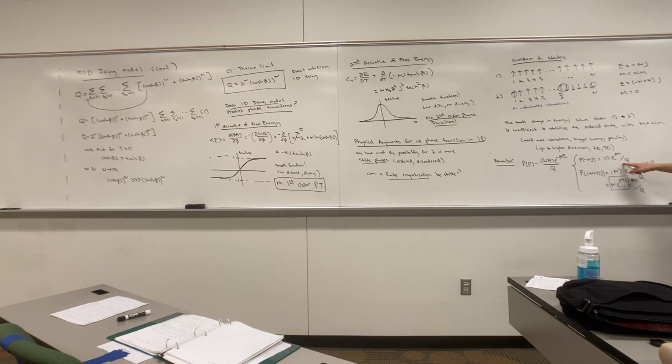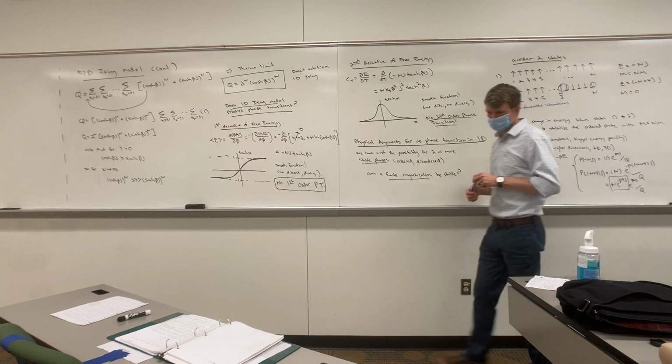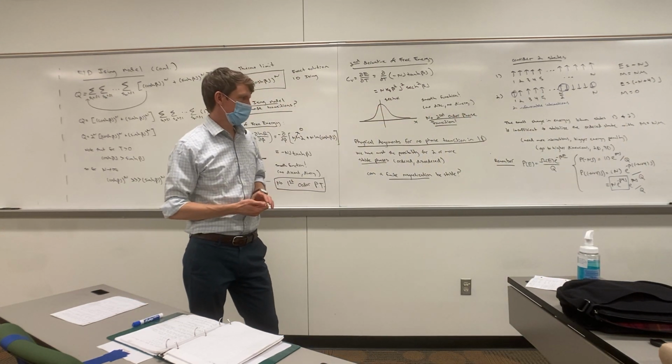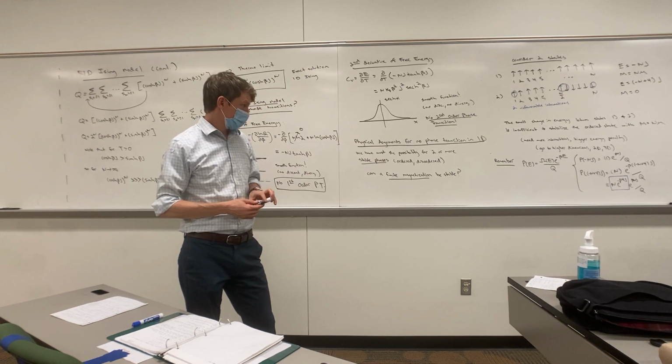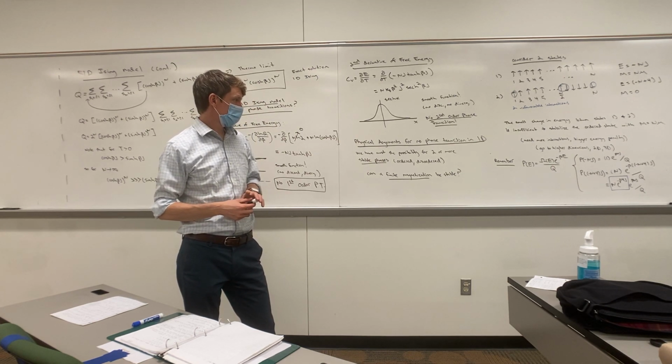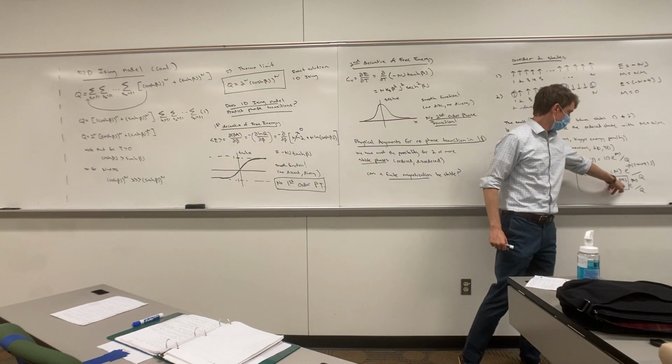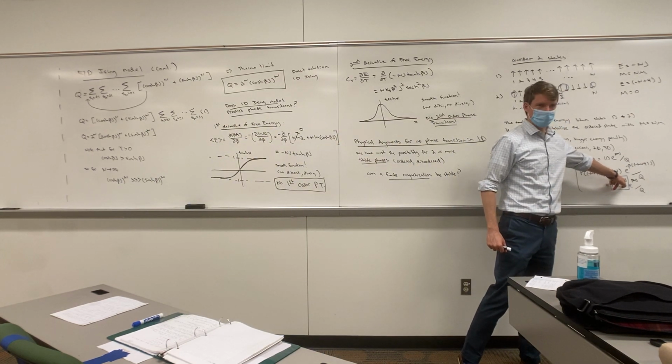Everyone kind of get that? It's an important argument. Yeah? So by increasing the number of interactions we can have between spins, it'll change this. Basically, this thing needs to go as n or some power of n.